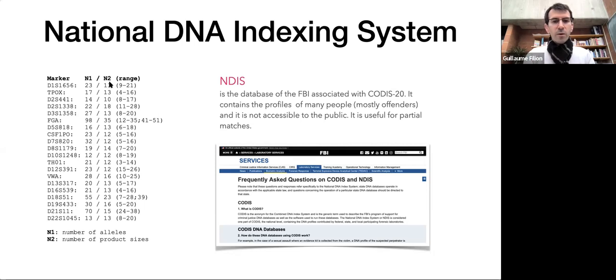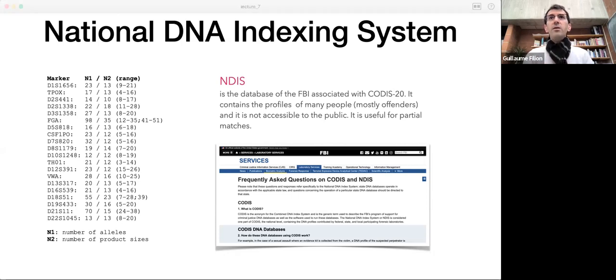Because the CODIS 20 is not just different in terms of the size, which is like the number of triplets that you have, but sometimes these triplets have also mutated, which means that if you sequence the PCR product, you would even get an additional diversity. Like two people may have the same size of the STR, but they may still have a SNP inside the STR.